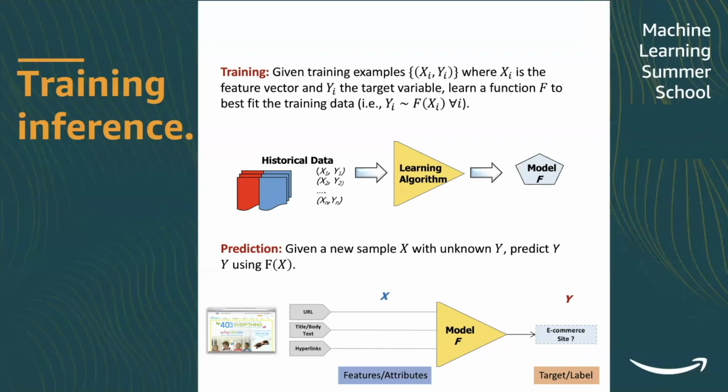Or if you're predicting from among a lot of classes, it would be a multi-class problem and not just two classes. The classes could range from 1 to, let's say, 100, if there are 100 different product categories and you're classifying into them. So depending on whether it is a classification problem where Y is discrete classes, or a regression problem if Y is a numerical number.